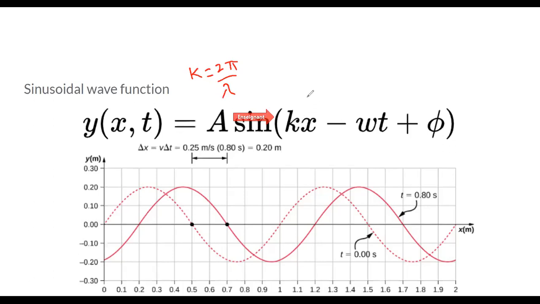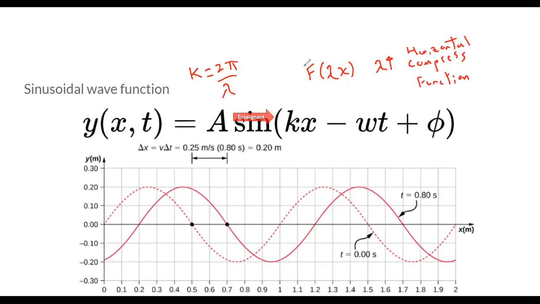The reason is that when you have a function times a constant, having a bigger value will actually compress the function. So multiplying x by a constant does a horizontal compression on the graph.